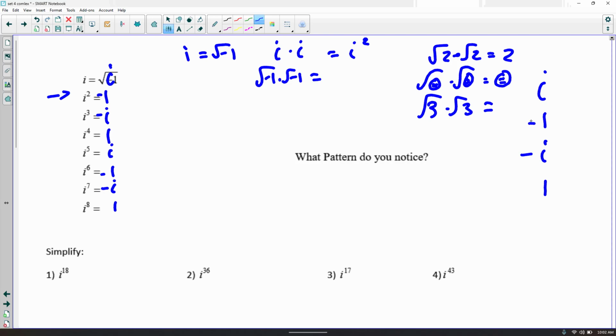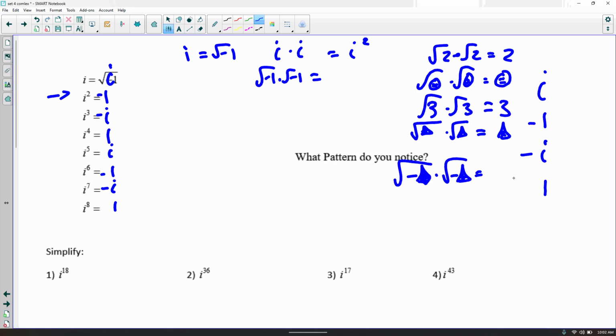All right, guys. Square root of 3 times square root of 3 is what? What's the square root of a triangle times the square root of a triangle? What is a negative triangle? The square root of a negative triangle times the square root of a negative triangle. How are you getting it to be positive?